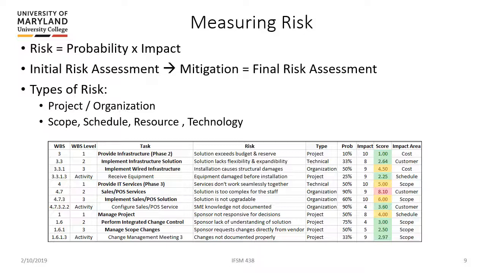A risk to the organization is when you do something as part of the project that has external effects outside, and it may impact the organization in the form of fines, negative publicity, and so on. So you have to really think about every risk: is it a risk to the project or a risk to the organization? Then again, there's the risk impact area: scope, schedule, resource or cost, or technology. And that's really how we're going to go about doing our risk assessment.